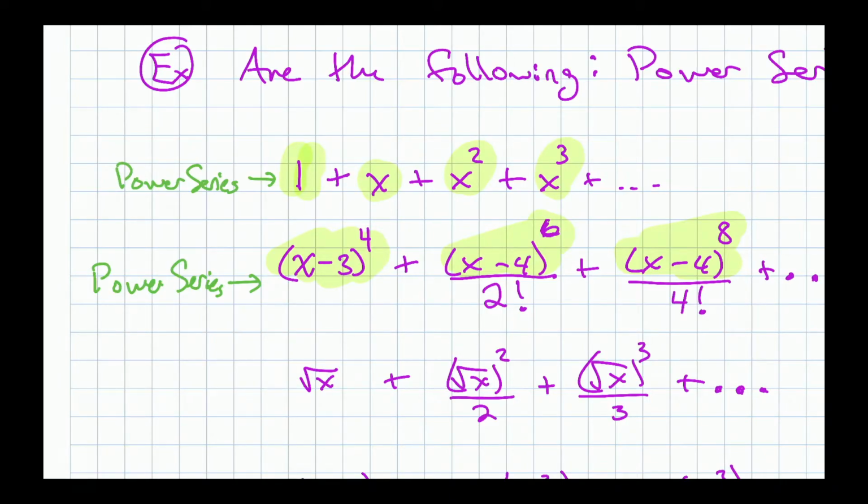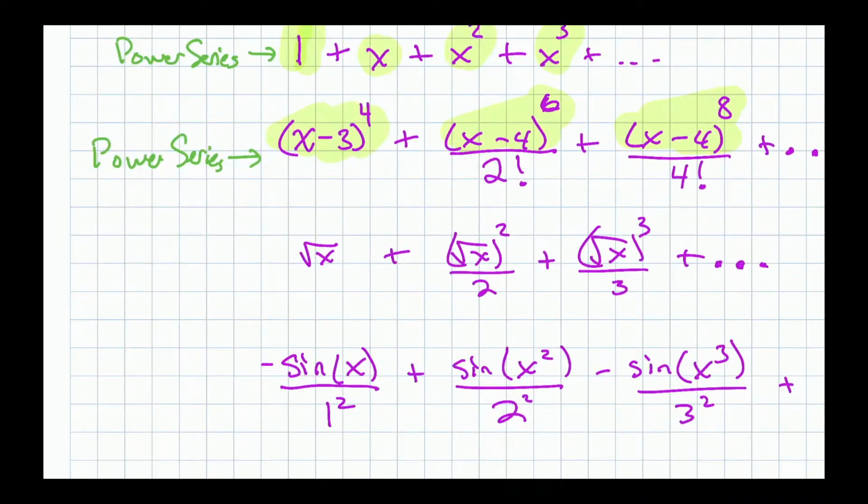In the next one, we have square root x squared, square root x cubed. That's not allowed. That's not the kind of power that we're looking for. We need integer powers of x. So this does not count. Not integer powers of x. Not a power series.